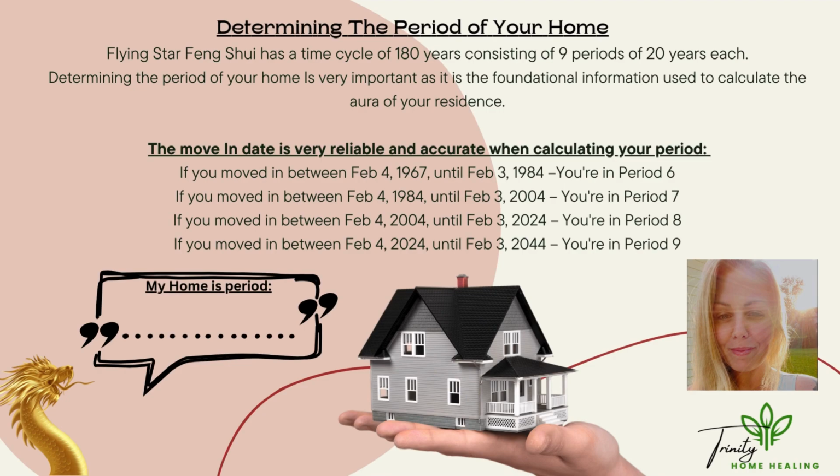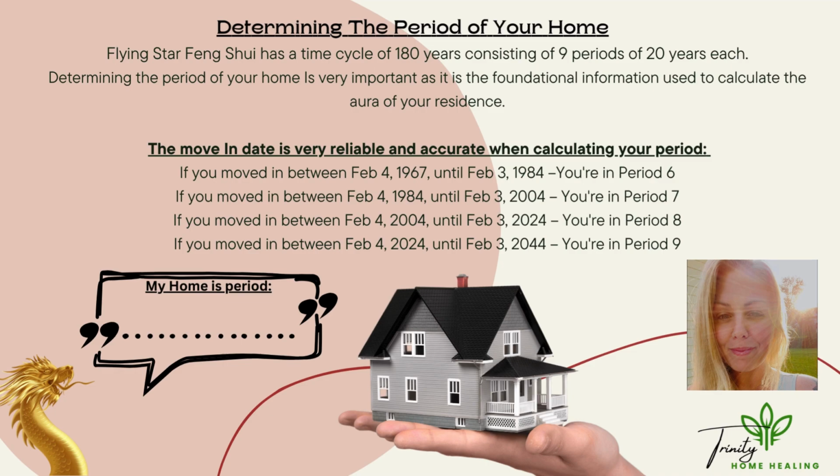Next you'll need to determine the period of your home. Flying star Feng Shui has a time cycle of 180 years, and they consist of 9 periods, 20 years each. Determining the period of your home is very important and foundational information that we use to calculate the aura of the residence.